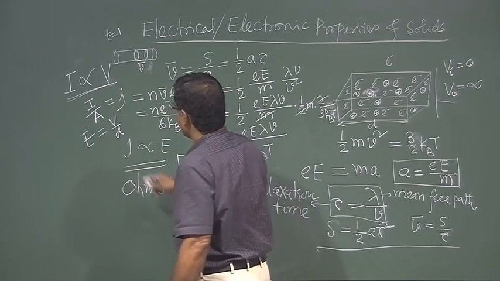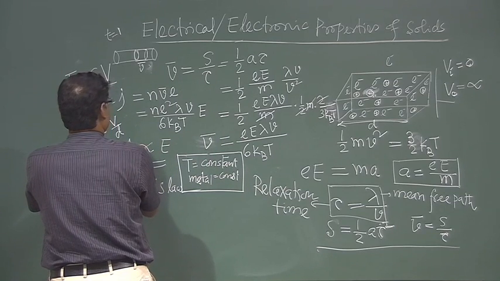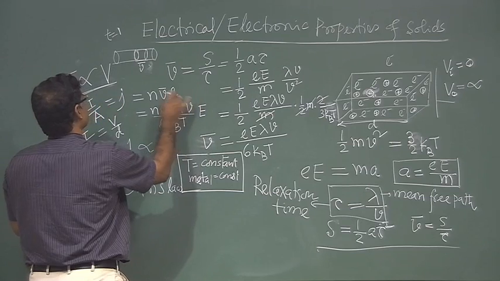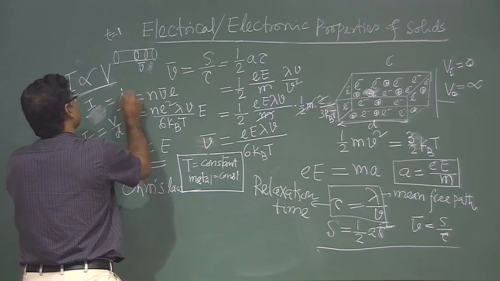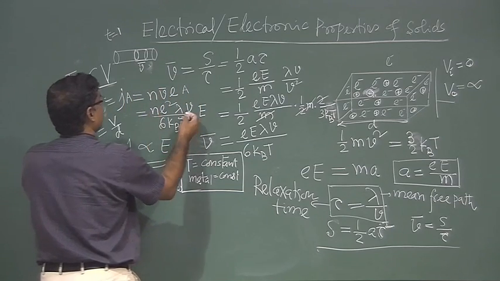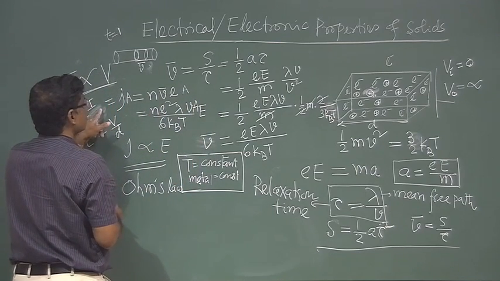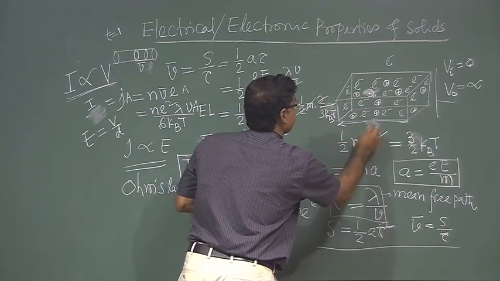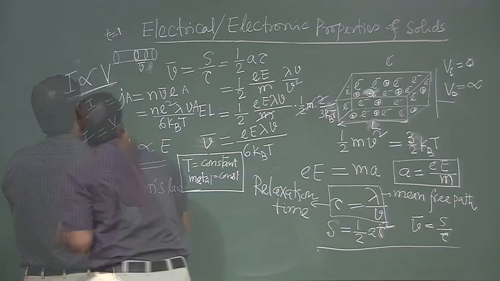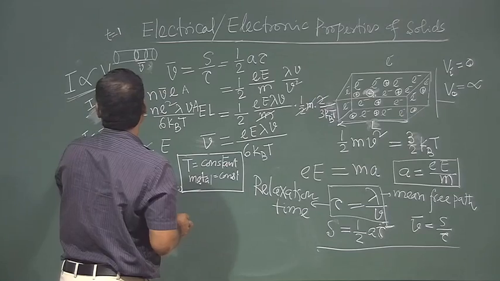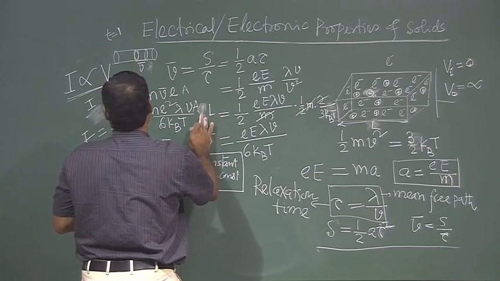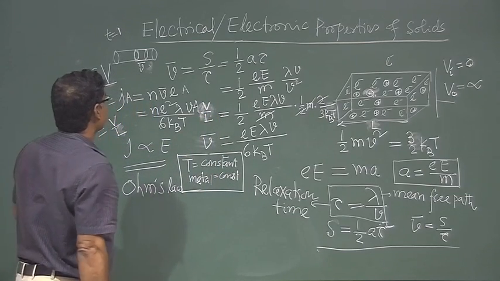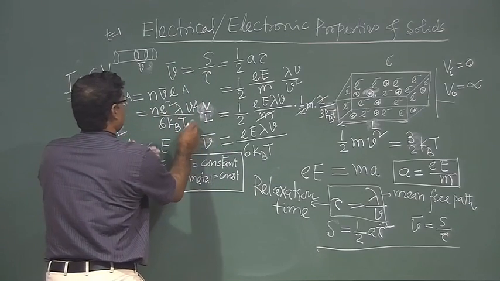So, if I multiply both sides with A, this will be current, since the A term comes in. And if I take L as the length, E can be replaced by V by L, so I can write L here.